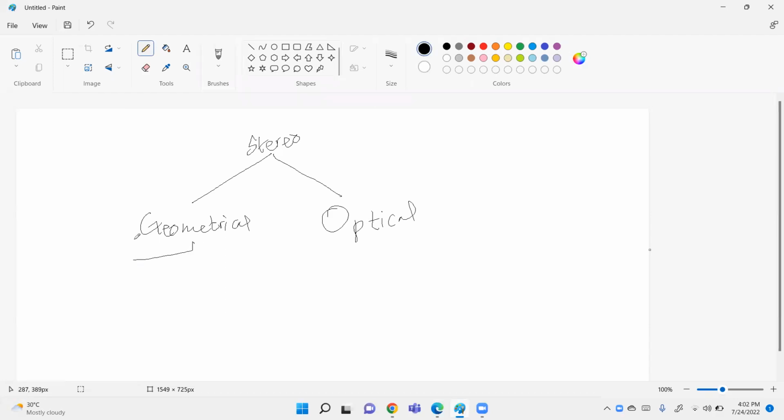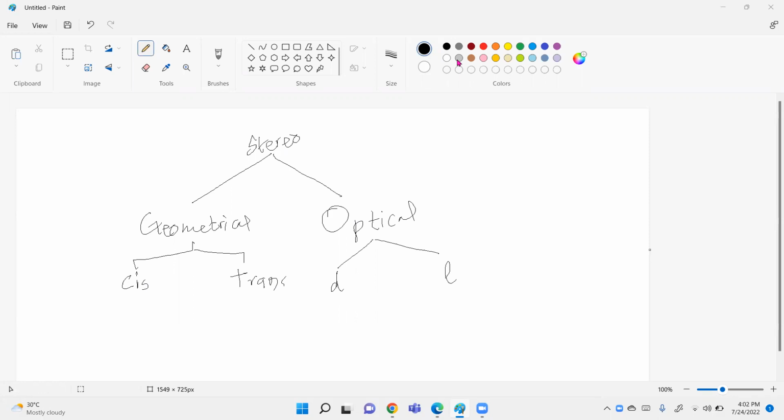Geometrical isomers come as, I'll write, cis trans. It's easy for us. And for optical activity, there are 2 stereoisomers. One we can say D molecule and L molecule. We see plus and minus also.